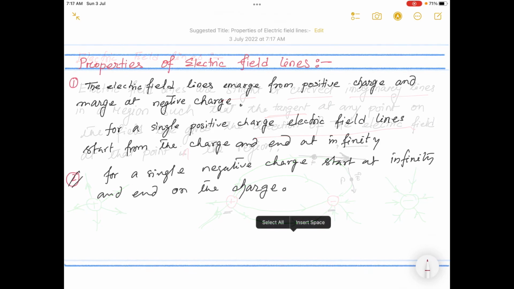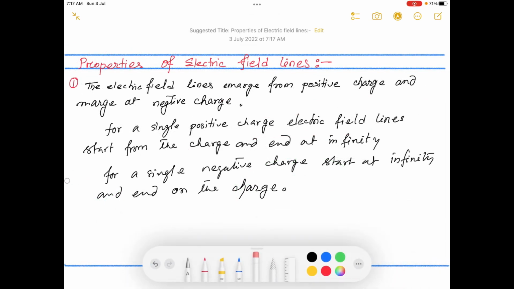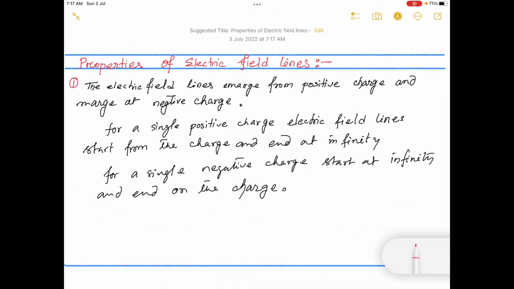Now let us discuss the properties of electric field lines. The first property: I have already explained that electric field lines emerge from a positive charge and merge at a negative charge. I just explained this property while discussing electric field lines, right? So this is the direction of electric field lines.